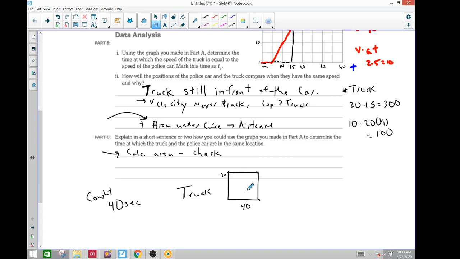Okay, so the truck has gone 800 at this point. Now, what about the cop? I'm assuming he continues to accelerate. I guess that's really what we're looking at here. Can a car continue to go faster and faster? We'll just leave it like that.